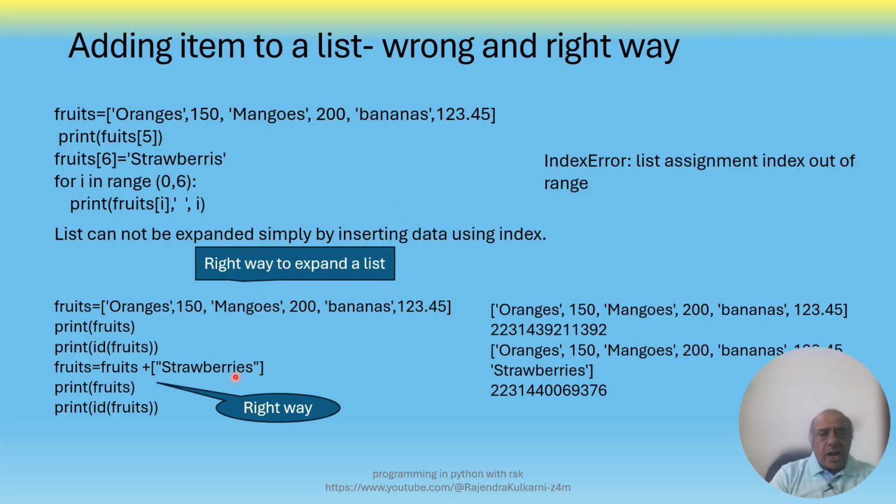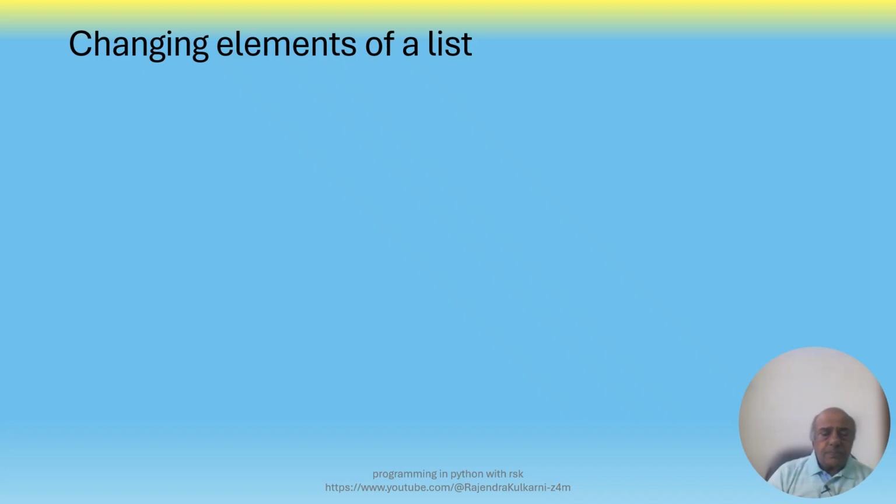As soon as we add another value to the list fruits by using the plus sign, the items get added into the list fruits, but a new object is created and the old object is no more available for reference, as fruits refers to the new object, and then the addition takes place.